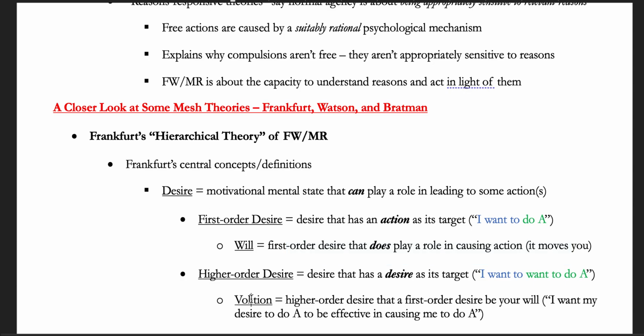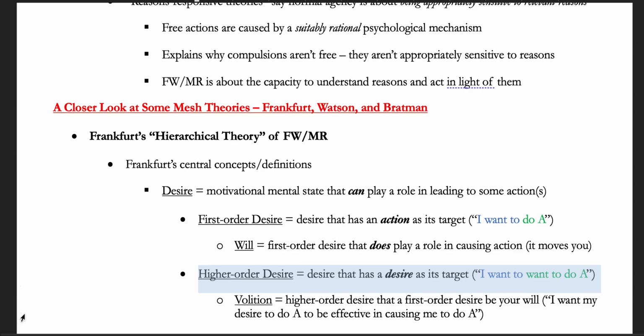that's called a volition. For instance, I want my desire to do A to actually cause me to do A. You put that little extra. You don't just want certain desires. If you want certain desires, that's a higher order desire, a desire for a desire.